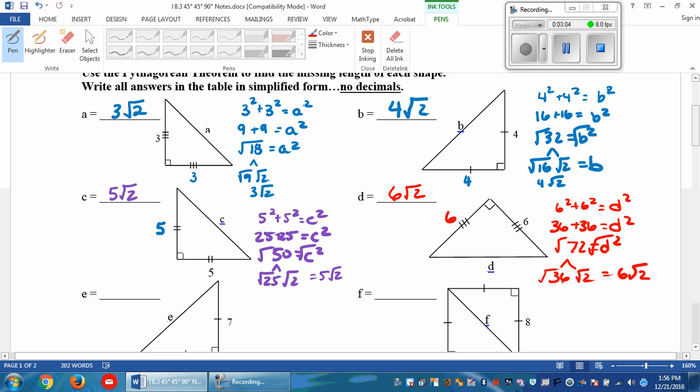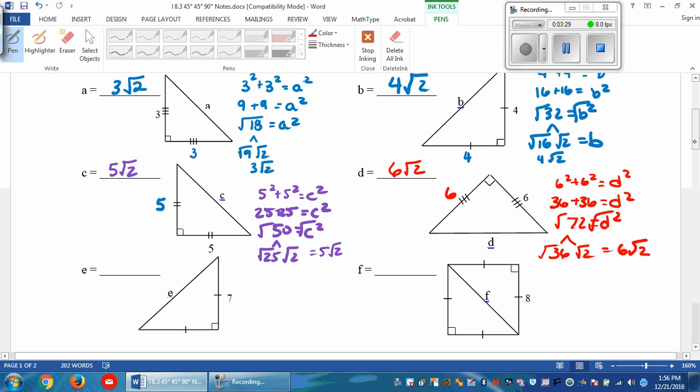In the isosceles right triangle with sides of 3, the hypotenuse was 3 root 2. In the isosceles right triangle with sides of 4, it's 4 root 2. When the sides were 5, 5 root 2. With sides of 6, 6 root 2.